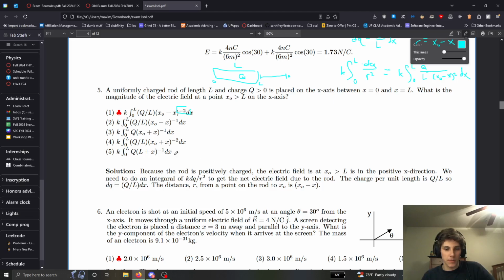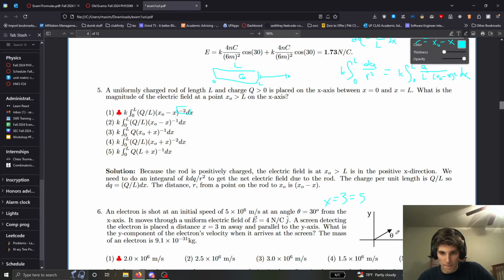First thing we do is we need to know at what time it hits the screen. So we can use the equation for x at any point. The x is 3 when we are interested in it. And the only thing that's affecting it is the x velocity, because the x velocity doesn't change. We don't have an x acceleration. So we can just use 5, and then this is 30.